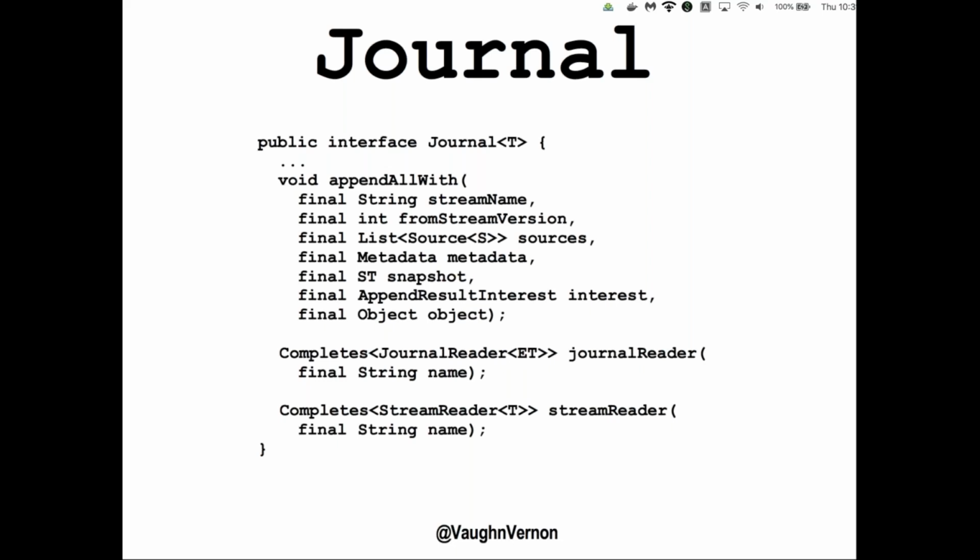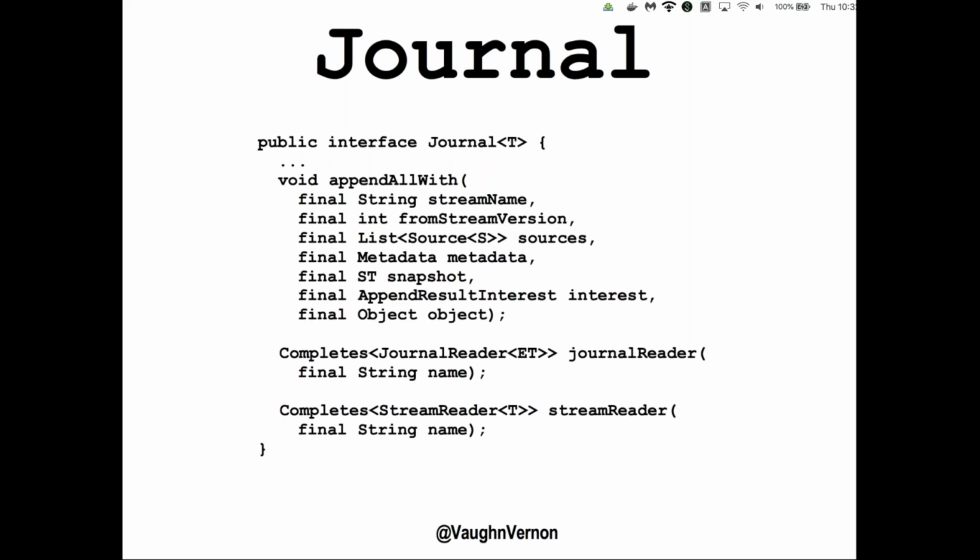This is the global unique identity of the entity, for example, the unique identity of the rate or the rate state, and then the from stream version means that this is the start version of the next source or domain event to be persisted into the journal, and then that stream version will be incremented for every, for example, domain event that is in the sources list.